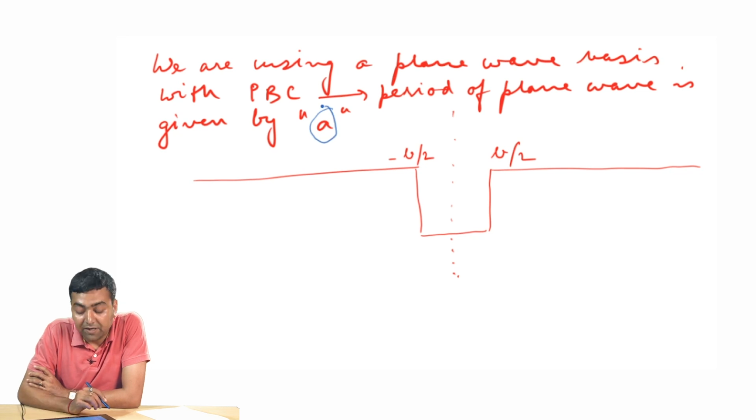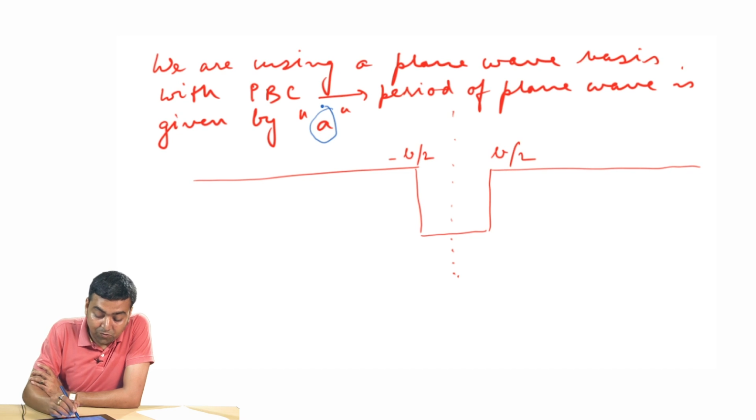So, what it means is that now my potential is getting repeated. In my original potential, at any values of x less than minus b by 2, the potential is always 0. Similarly, at any values of x greater than b by 2, the potential is 0, but now this is not true anymore.